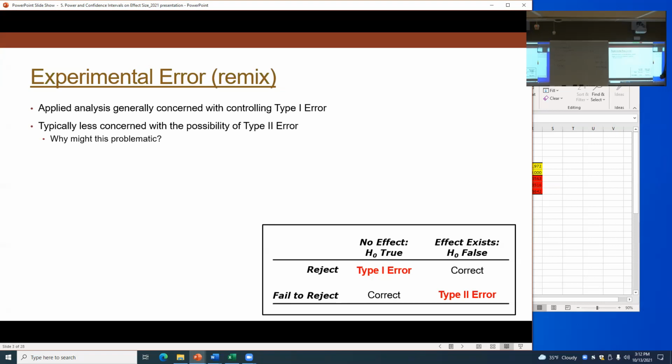But why historically might it be problematic that we're ignoring type 2 error? Particularly given the way we've run our science for the past 100 years. Yeah, Emily.